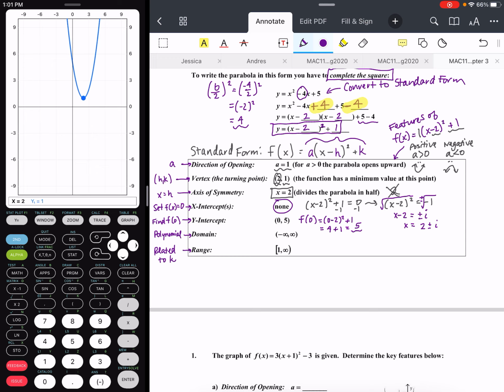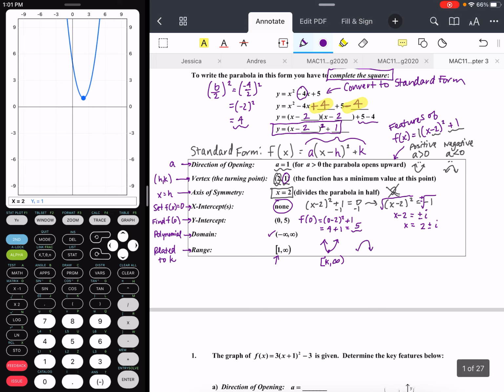All right, the domain of this function, any quadratic function is going to be a polynomial function as well. So the domain will always be from negative to positive infinity, any real number in the domain. And then the range, notice that whatever your y value is from your vertex, that will always make an appearance in your range. So that's why I just wrote it's related to k. For an upward facing parabola like ours, the range will be from k, the y value of your vertex, up to infinity.